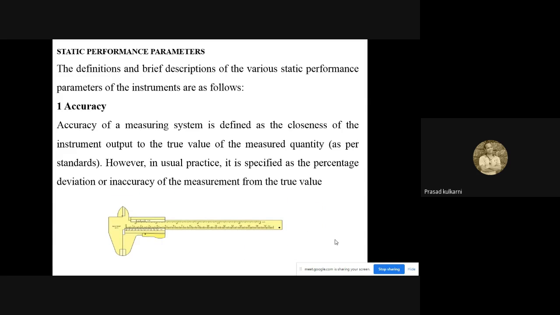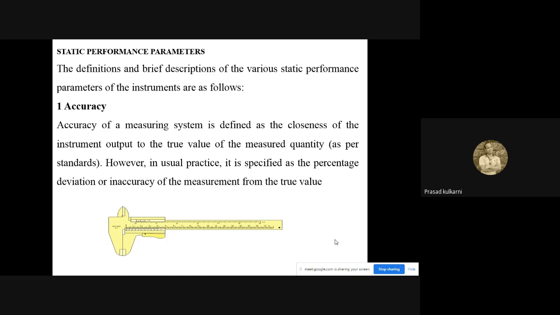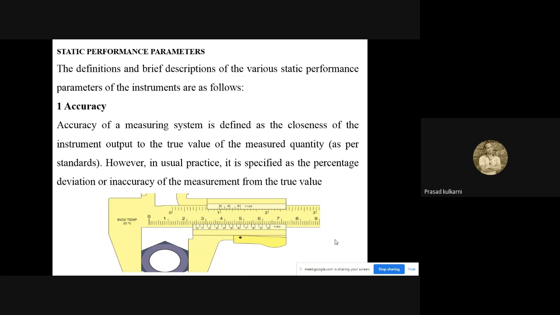Once again, I am repeating. The accuracy of a measurement system is defined as the closeness of the instrument output to the true value of the measured quantity, and the measured quantity must be considered as per the standard.